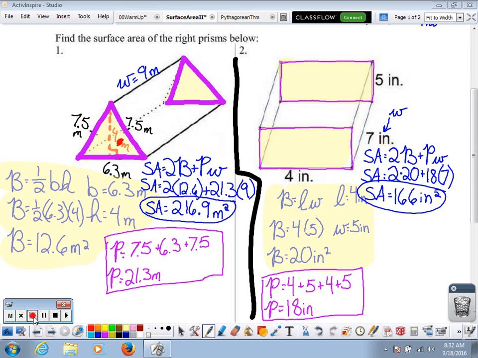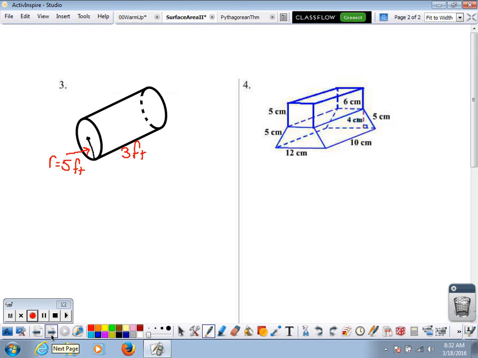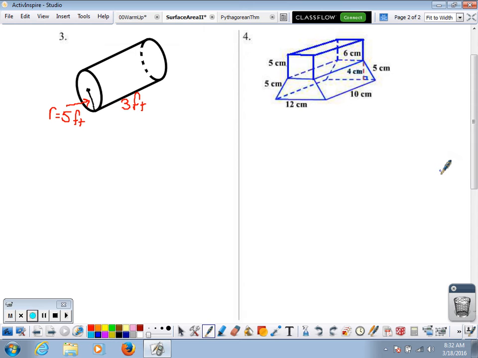All right, let's flip over to the back. Let's take a look at number 3. What would you call that shape on number 3? What do we call that, Noah? Call it a cylinder. Okay? And what are the bases on that cylinder? I'm not asking for numbers, I'm asking for a shape.